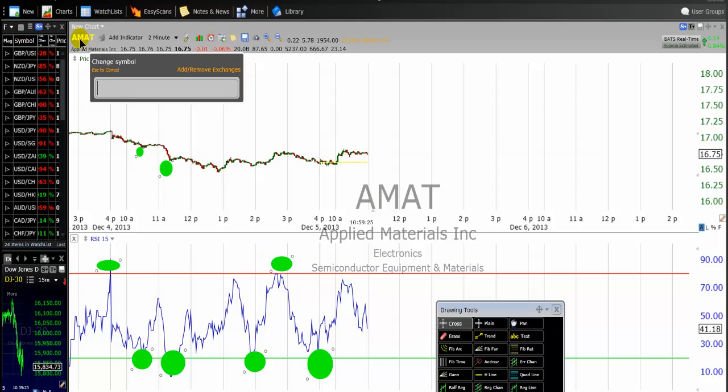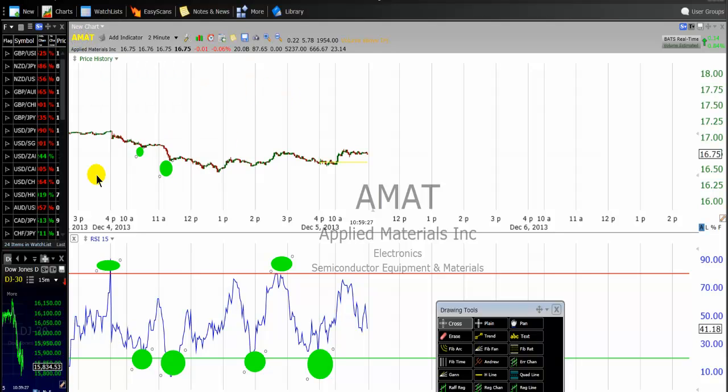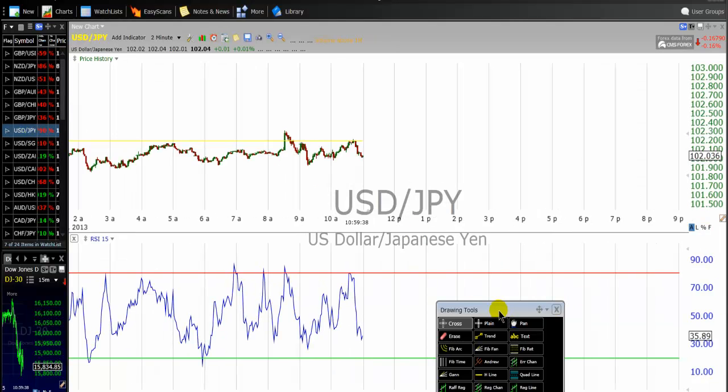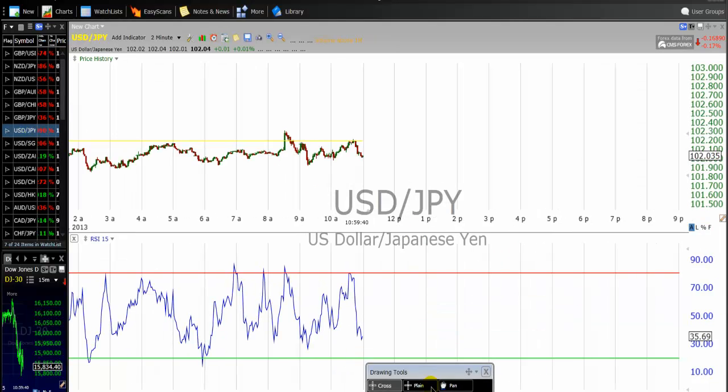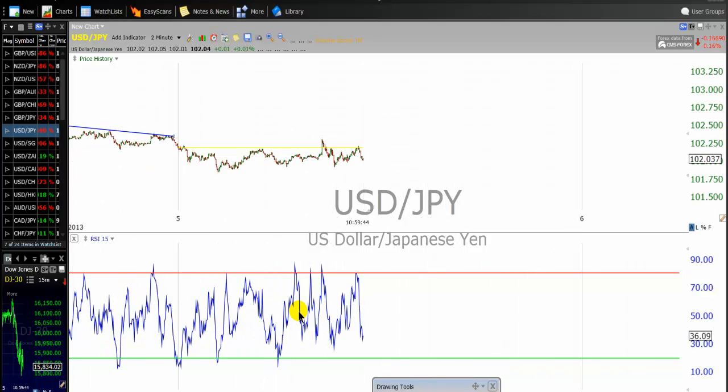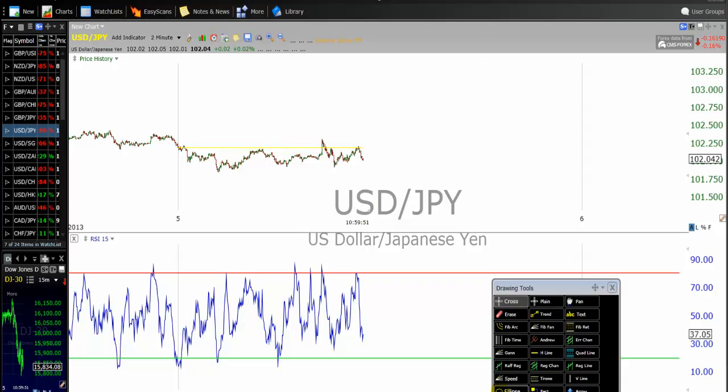The next financial instrument that we're going to look at is the dollar yen currency pair, the currency pair that I like to call the crazy currency pair. All right, it's the fight between the dollar and the yen. Again, here I have my RSI period 15 on a 2-minute chart, and my rules are very simple.